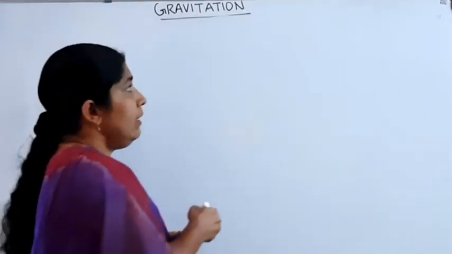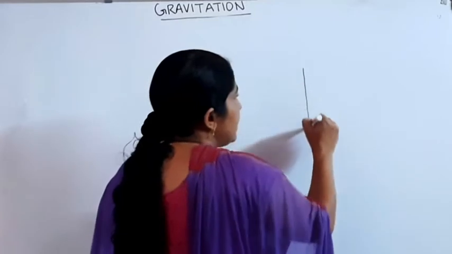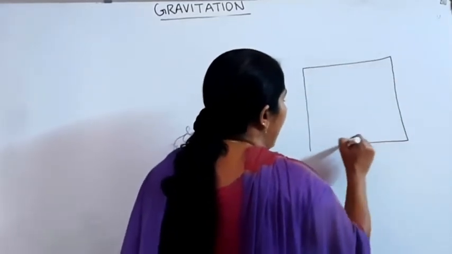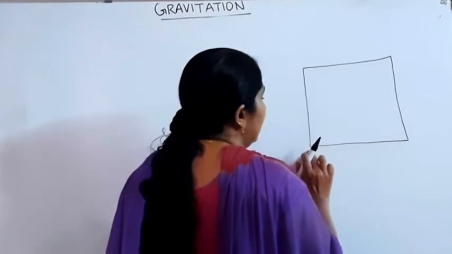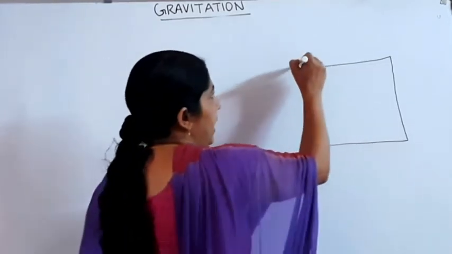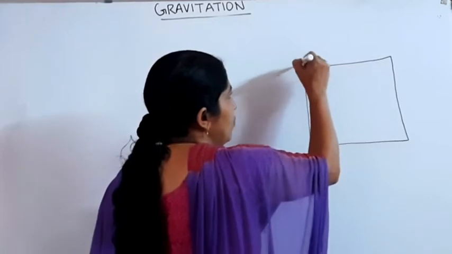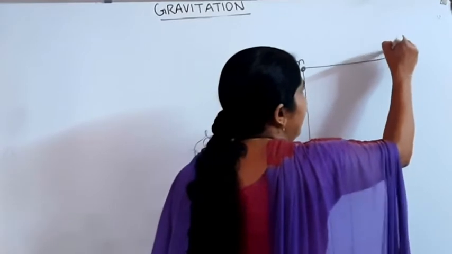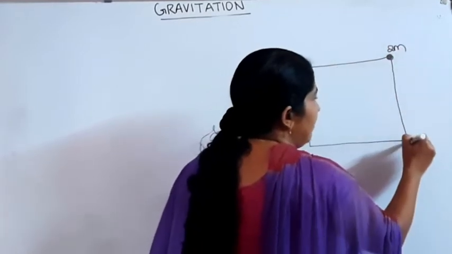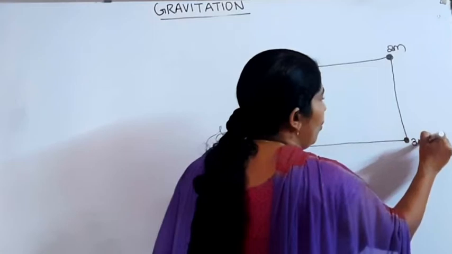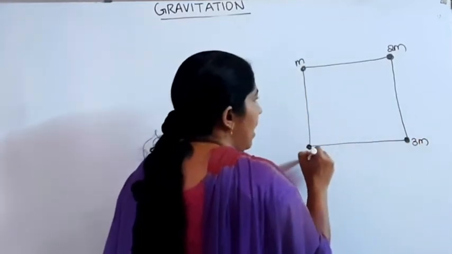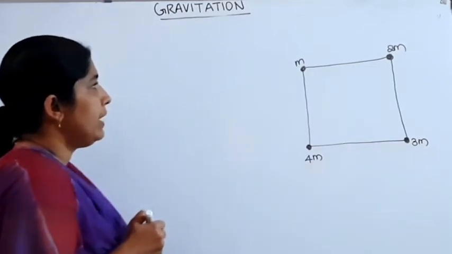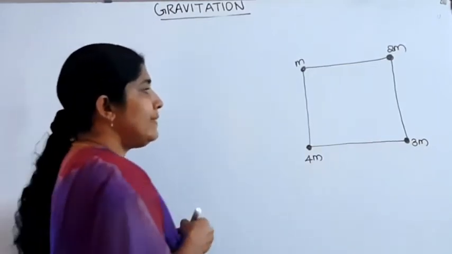In our question, 4 masses M, 2m, 3m and 4m are placed at the vertices of a square of side X. This body has mass M, here 2m, 3m, and 4m.